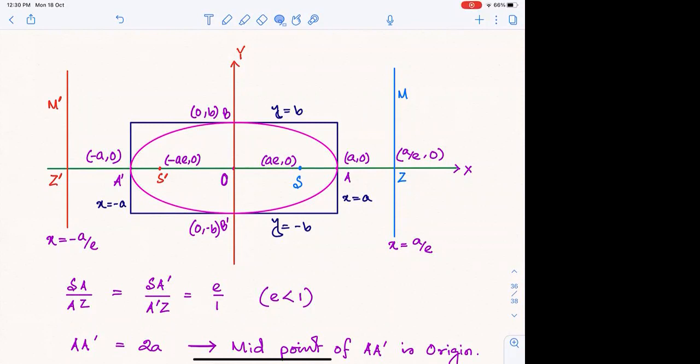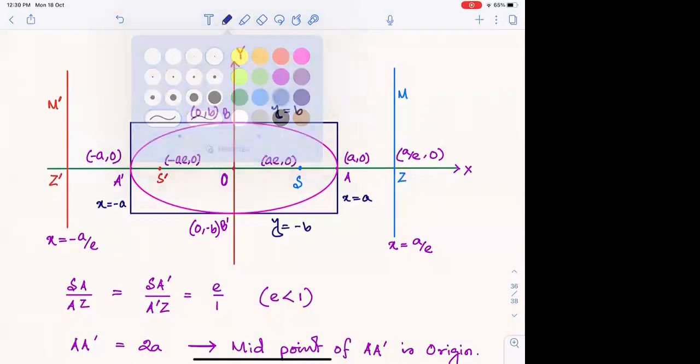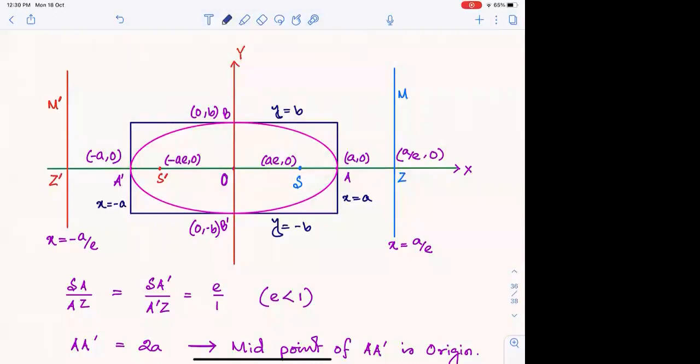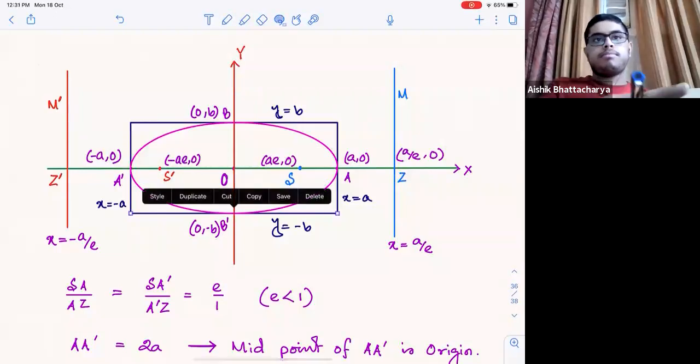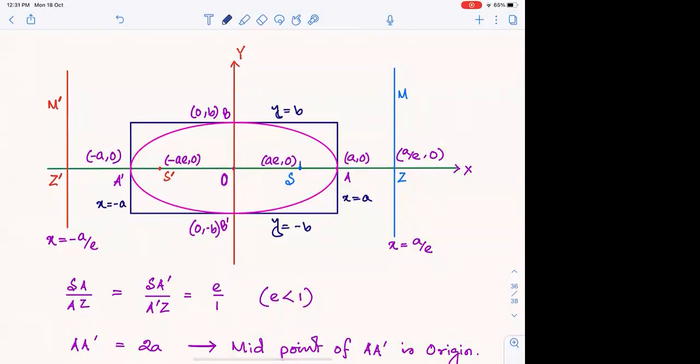Can we try to construct the latus rectum? There will be two, right? If I consider the first latus rectum, that's through S, it will be something like this.